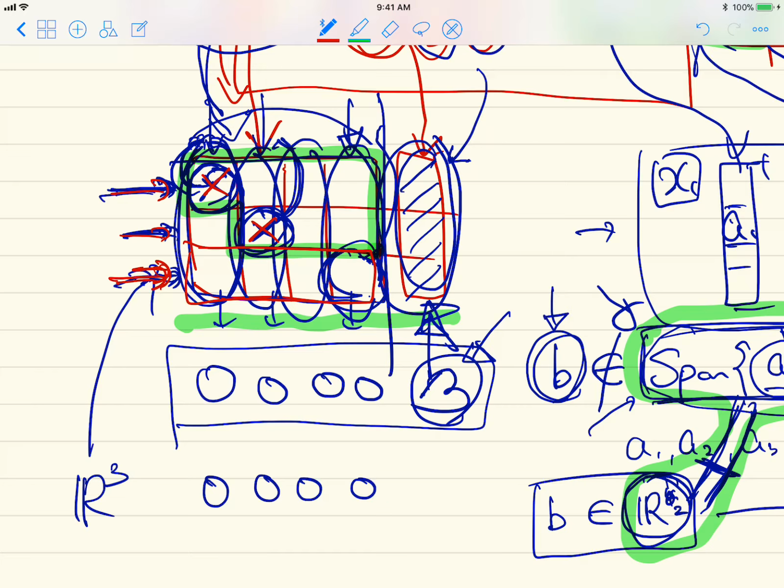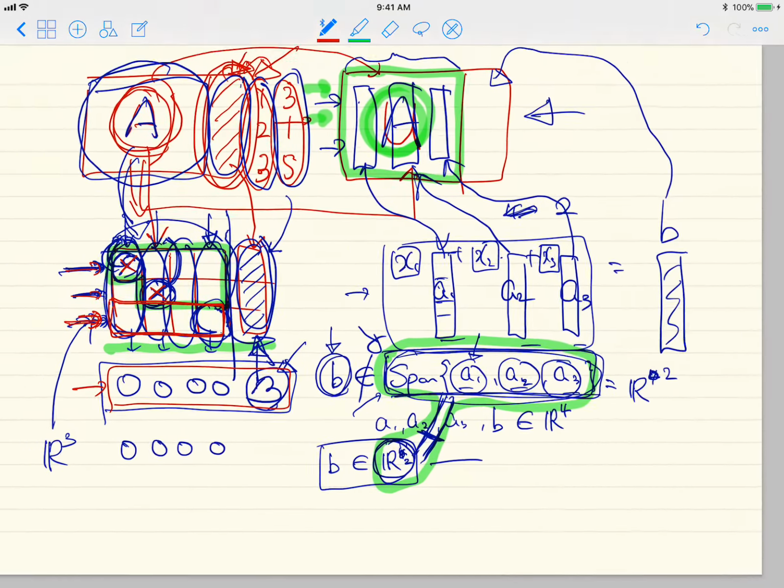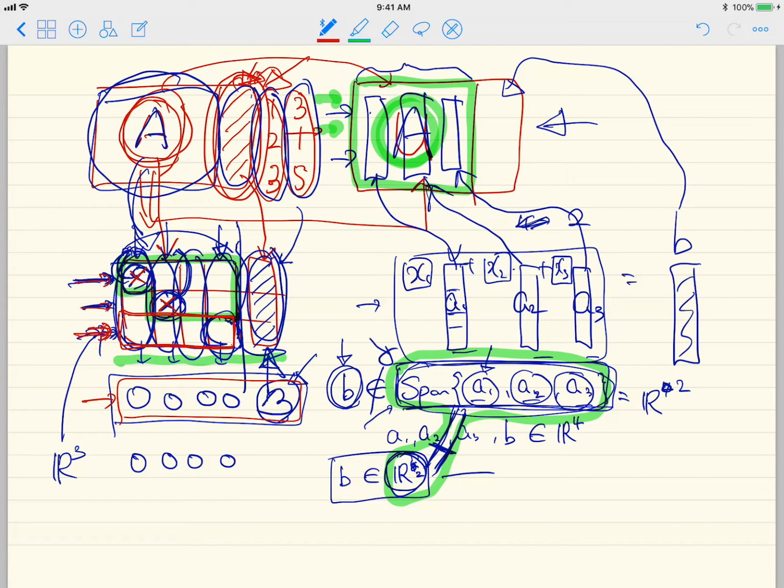Because in the last row, there is no pivot corresponding to our variable part. That's the same as saying the span of these 4 columns is not covering up the entire space of R3. Okay?